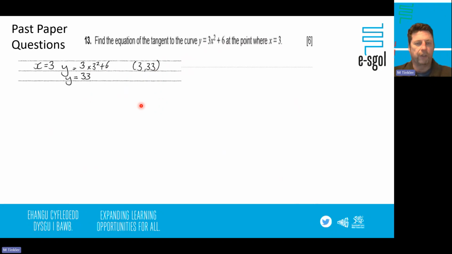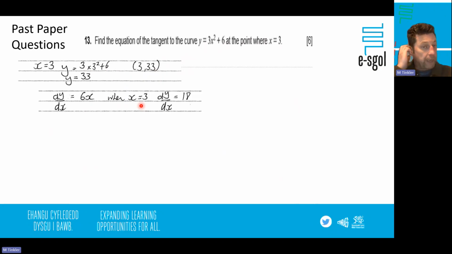Next thing, hopefully I've done the gradient, dy dx, because I need the gradient and a point. If you're in my school, it's written on my board permanently, but also it's important as I might not remember it, so I regularly use that as my starter. What do we need to find an equation? And that will be used in a couple of topics in additional, but it'll be used a lot in A-level. So dy dx equals 6x, remember the differential is multiplied by the power and the power decreases by 1.